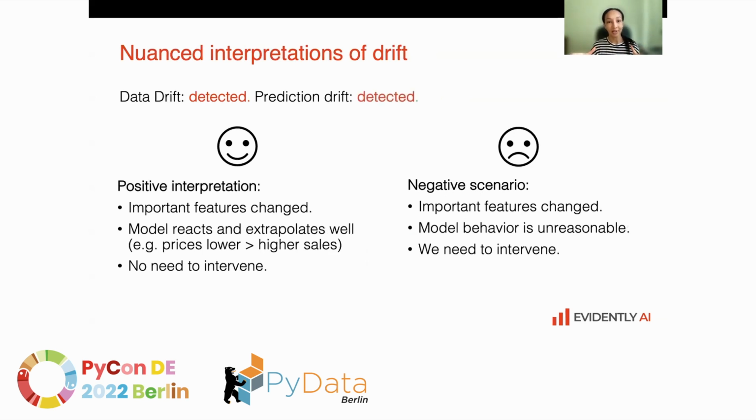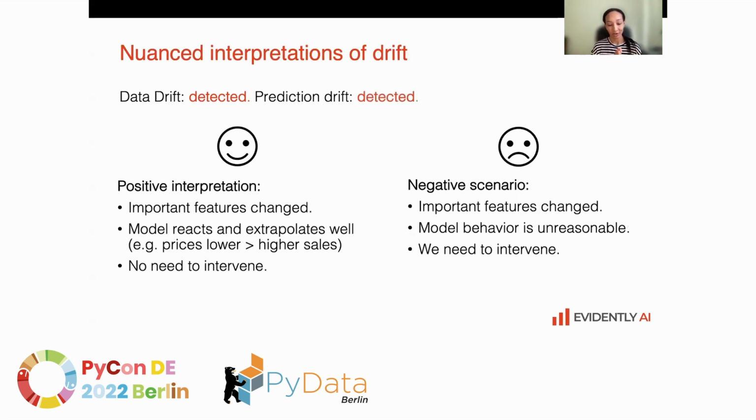And vice versa, right? If you detected both data drift and prediction drift, one can say this is definitely a problem, but it might be and might not. Let's say our important features have changed and the model's output also has changed, but in a very predictable and logical way. For example, the prices go down and the model started to predict higher sales.